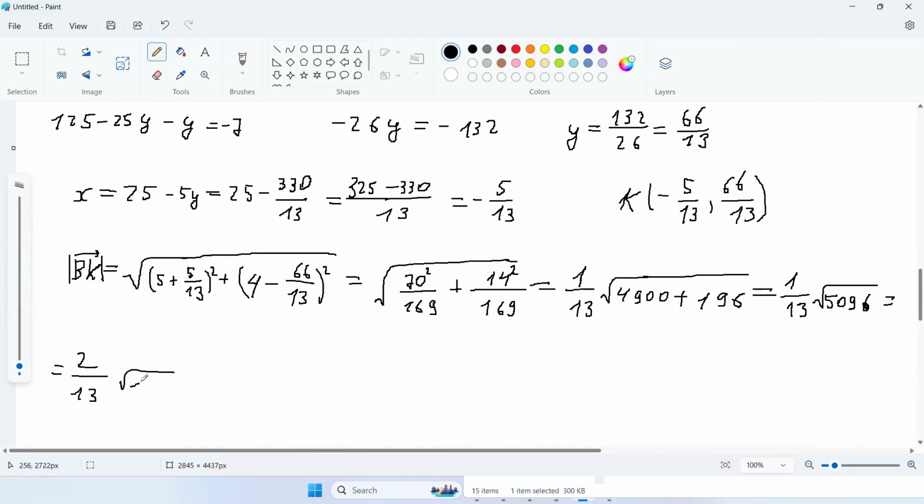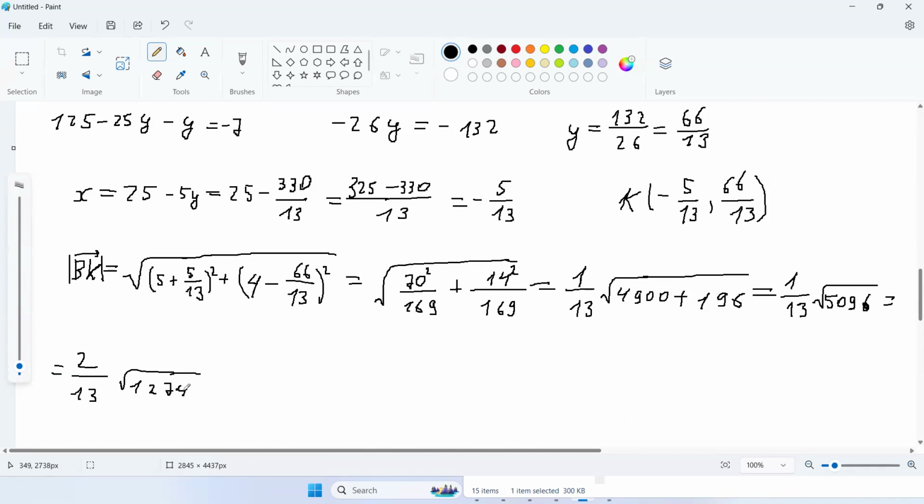It will be equal to 1,274. Okay, what else can I do? It seems that nothing can be done, but let me check. Maybe we can evaluate such a square root. No, we cannot. Okay, so let's leave it as it is.